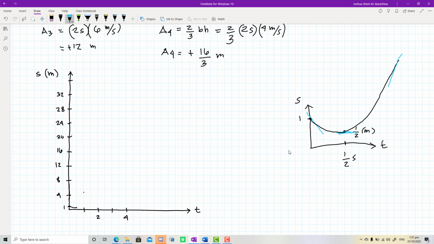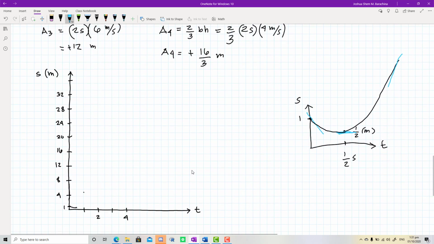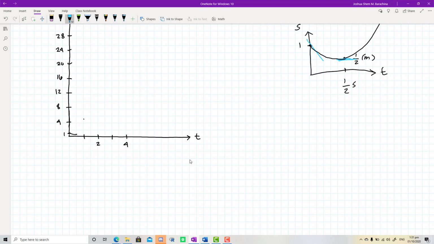So, this will look like this one. Is that right? No, it ends at 2. So, let's extend it here. It should be here. So, 0 slope to a higher slope. Okay?